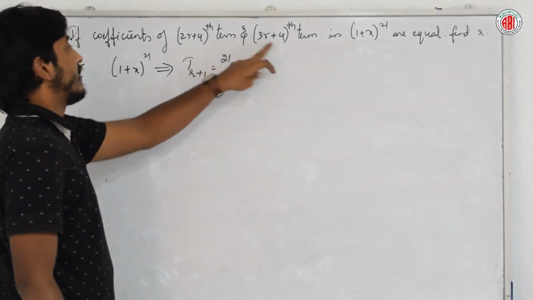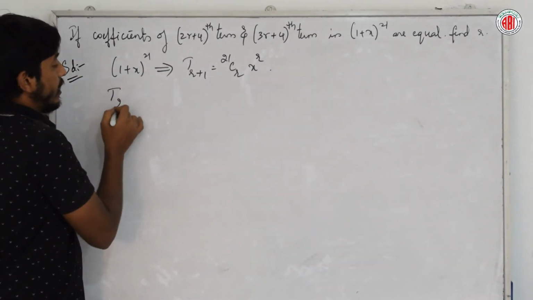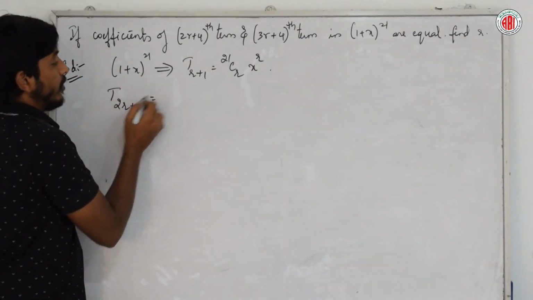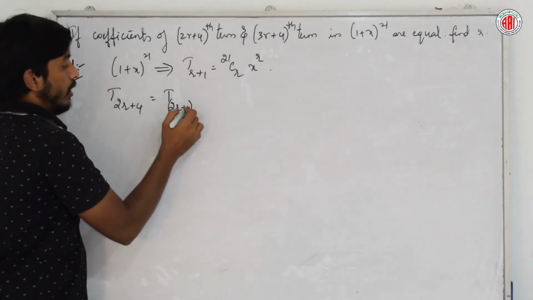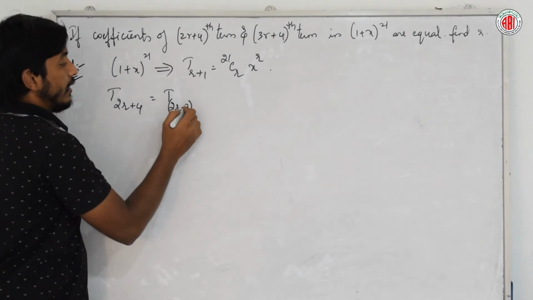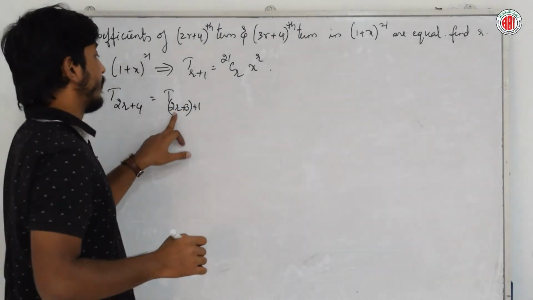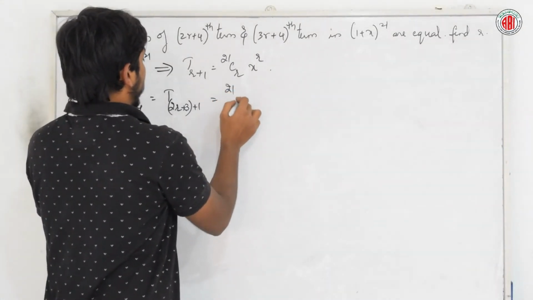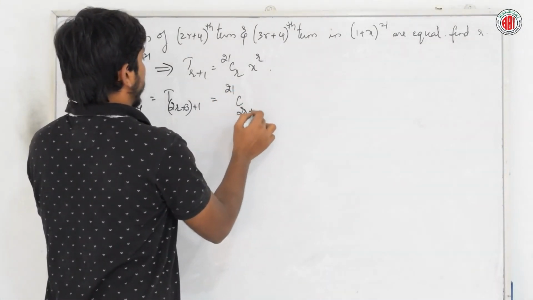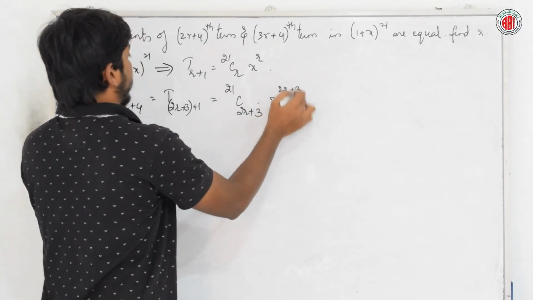So for these terms, the 2r plus fourth term, I will write it as t 2r plus 3 plus 1. What is r here? 2r plus 3. That is nothing but 21C 2r plus 3 into x power 2r plus 3.